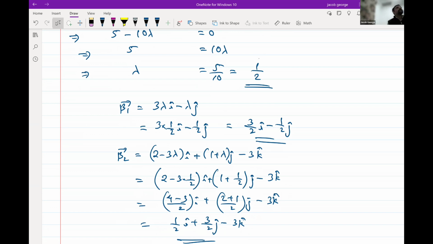Completed? Yes. So this is our beta 2 vector. Finish, right?